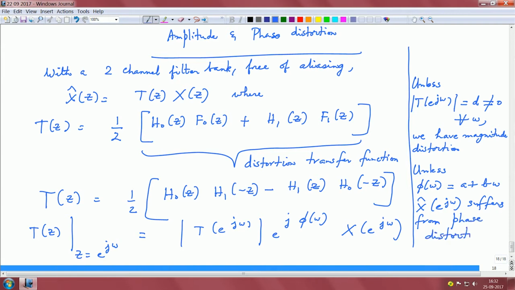This is very, very important, this phase distortion, because the signal can have different phases for different frequencies, and you have to really compensate them very carefully.